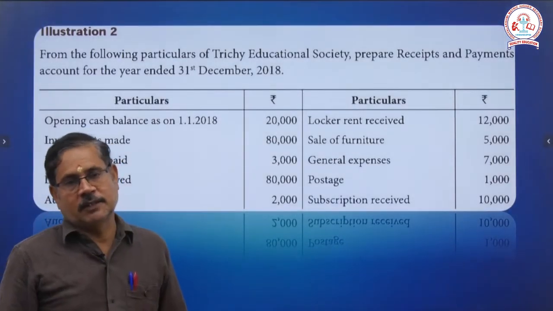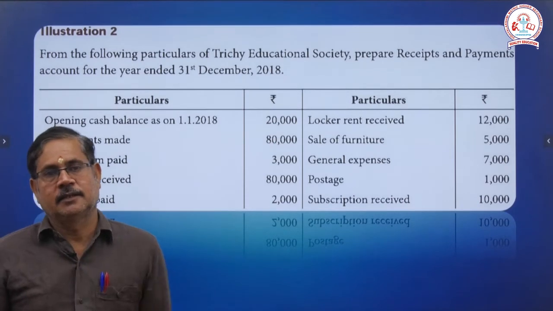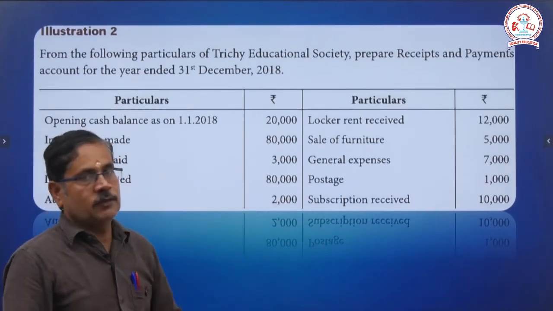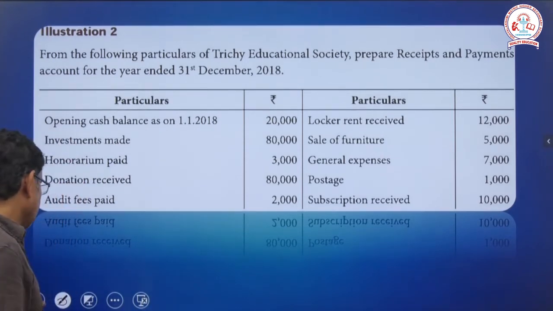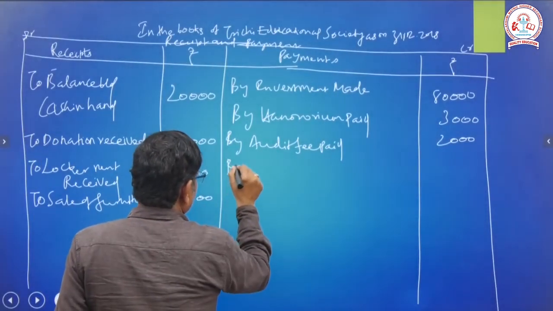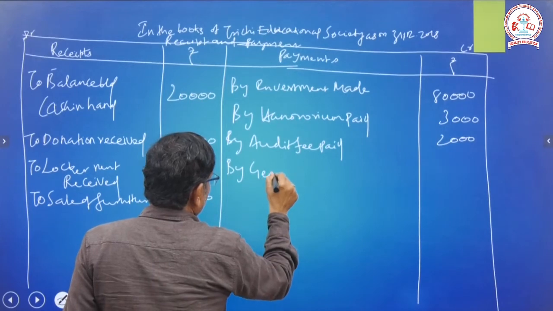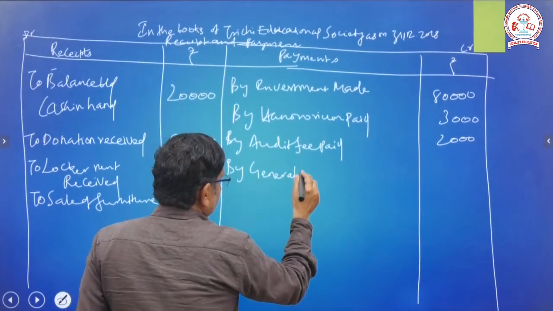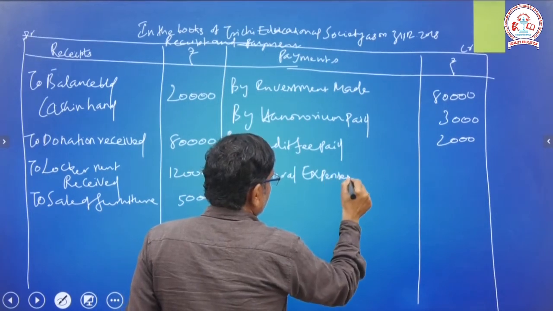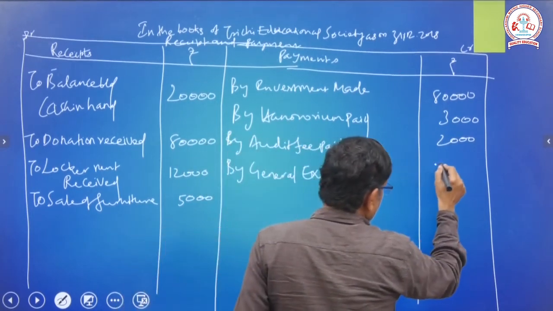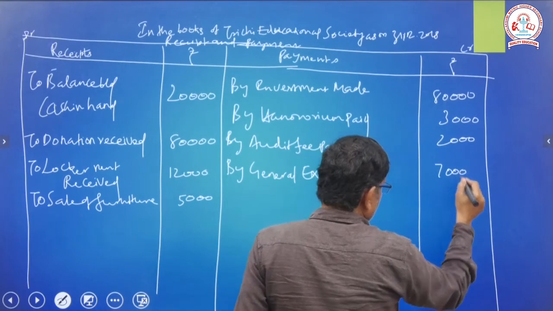General expenses 7,000. So we incurred expenses. So this amount will appear in your payment side, and write the value, by general expenses 7,000.